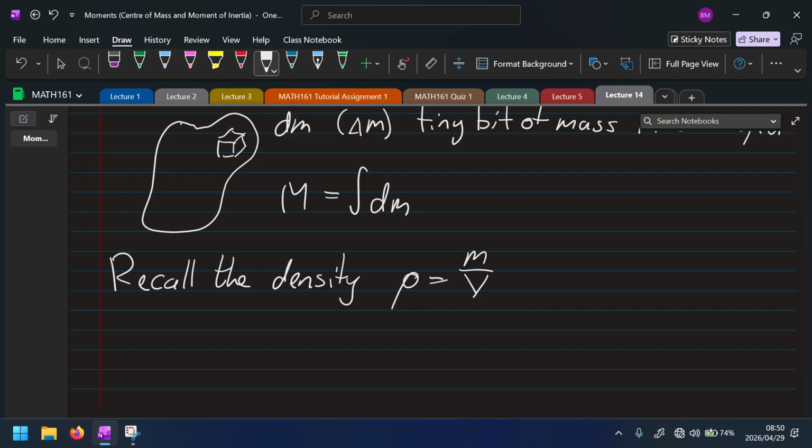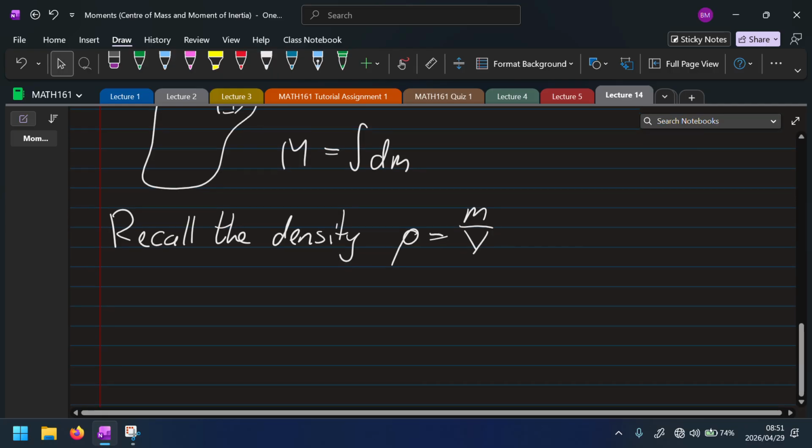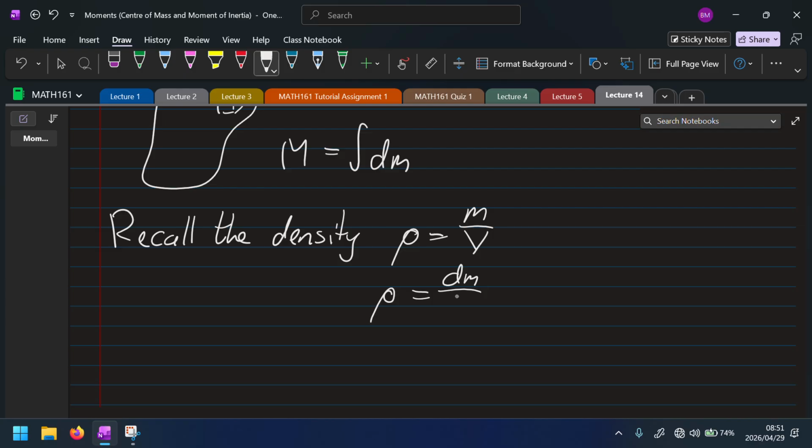Now, what happens if the density is not constant throughout? It's going to change from point to point. In that case, it's not going to be a constant density. It's going to be some rho is dm by dv. So here we have rho of x, y, and z. It changes from point to point around the volume.